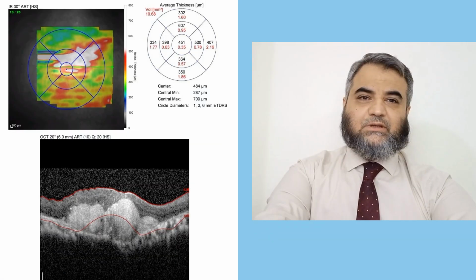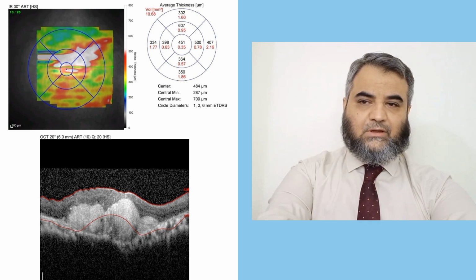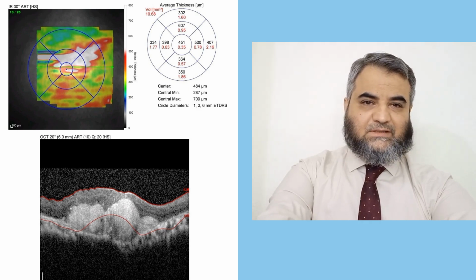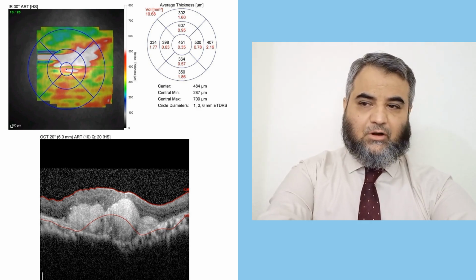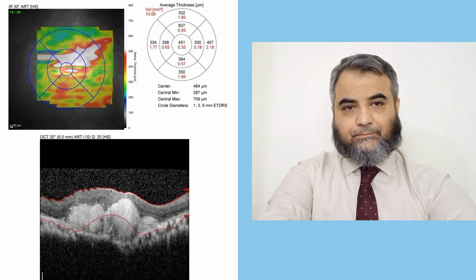This is the Heidelberg OCT we have seen earlier, showing how the retina is distorted, with fibrosis, subretinal scarring and old healed scar in the right eye.